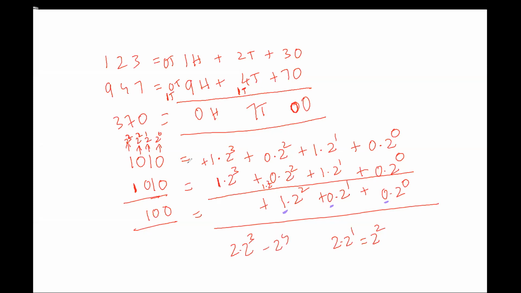So this will leave us with 0 2 cube and 1 2 power 4. But the problem is we don't have space to store the last 1 bit associated with 2 power 4. So your 2 power 4 is gone. It gets sunk. That's it.